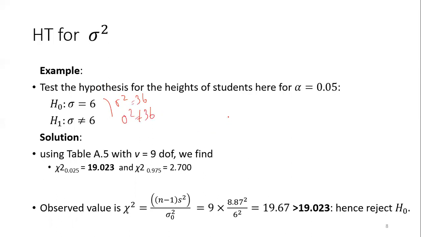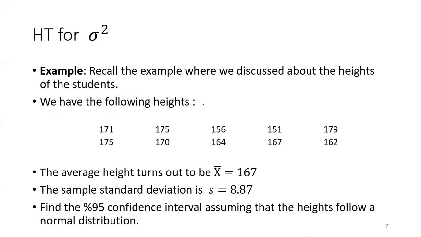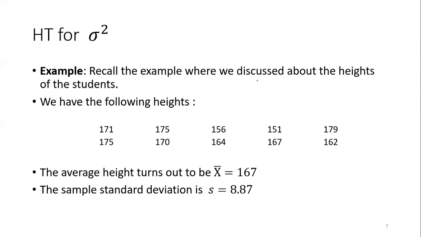There were 10 students, so v is equal to n minus 1, 9 degrees of freedom. I have alpha equal to 0.05.